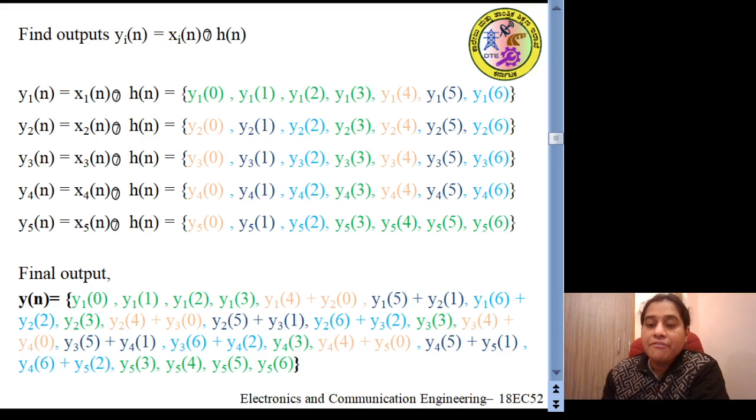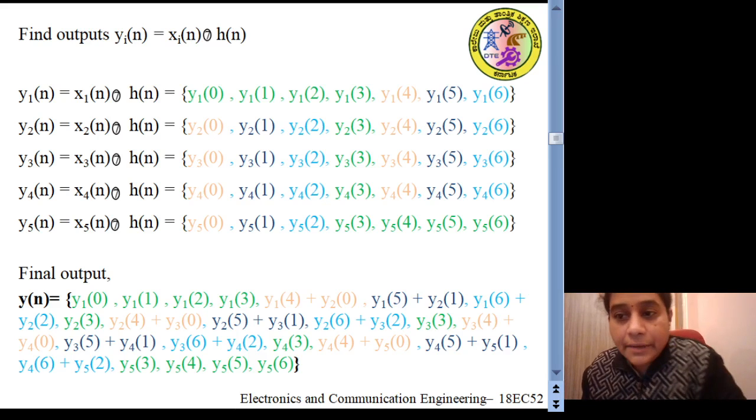Observe here, we have some samples in green color, some in saffron color, some in blue color and some in cyan color. So let us check why we have so many colored samples.